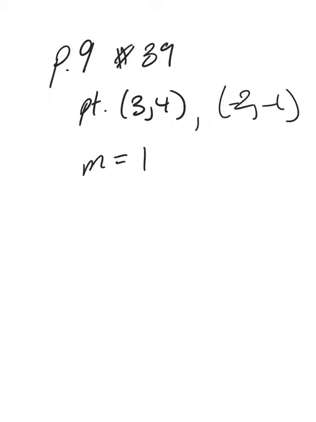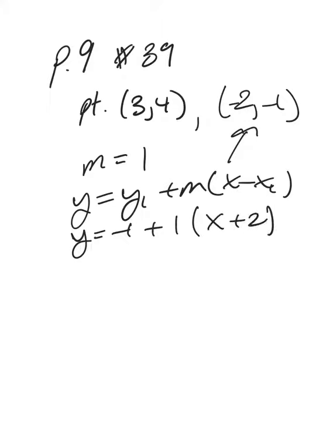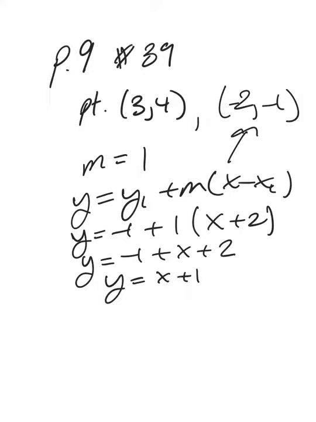Then, using the equation y equals y1 plus m times (x minus x1), they originally used the point (-2, -1). So y equals -1 plus 1 times (x plus 2). Simplify this and you get y equals x plus 1.